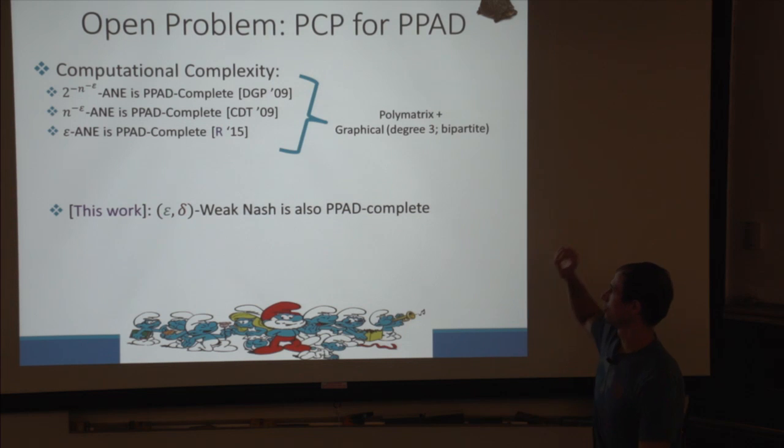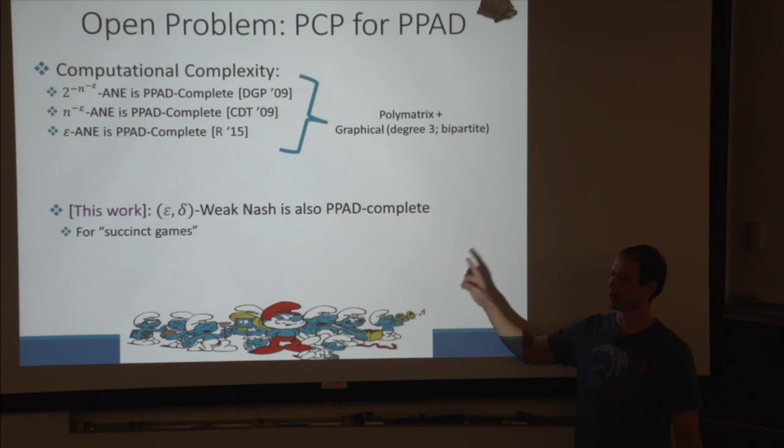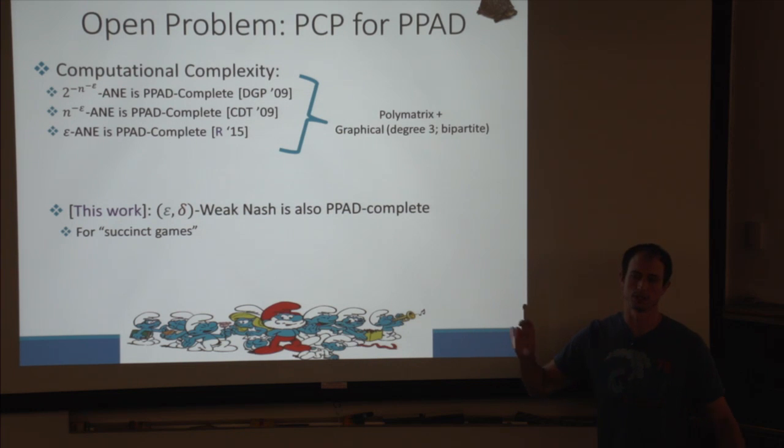All of these earlier results were for games that are both polymatrix, so additively separable utilities, and graphical games with a degree 3 bipartite graph. The result we have here only holds for succinctly representable games, representable by some circuit.